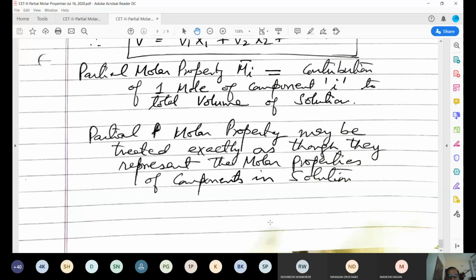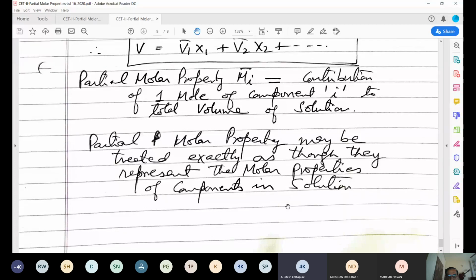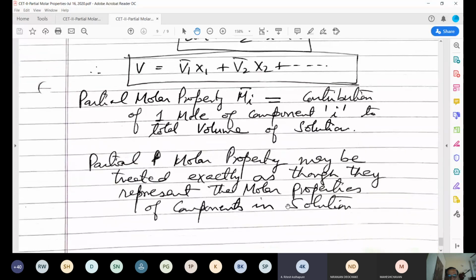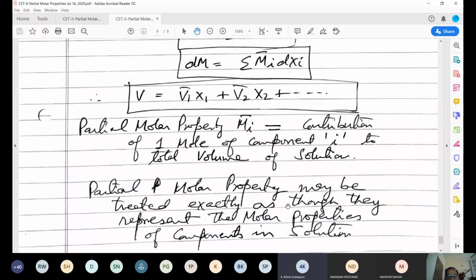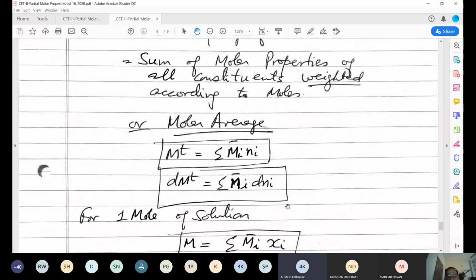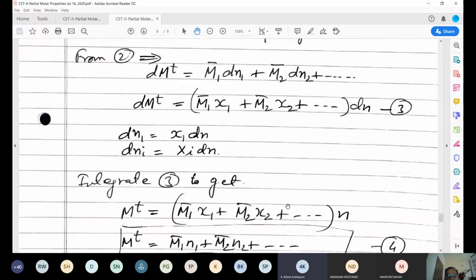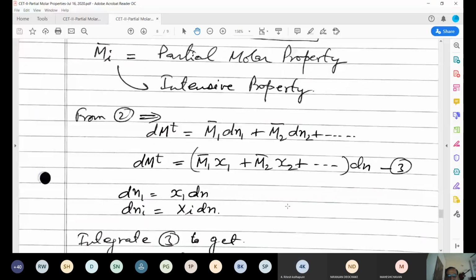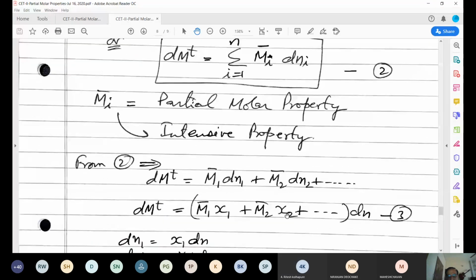Sir, in the summation of i runs from 1 to n, what does that n represent? Does it represent the number of moles, what we have added? When you say summation of i equal to 1 to n, n is components, right?